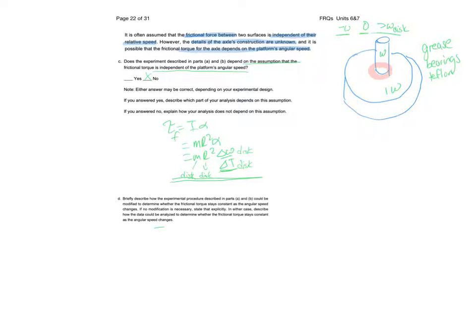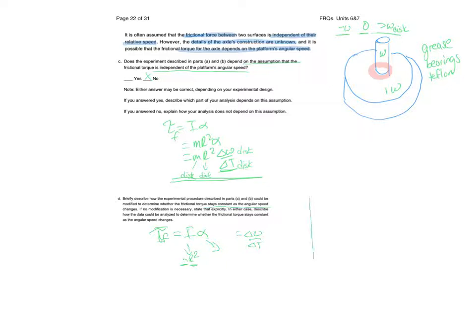Well, if we have a constant frictional torque, and the moment of inertia, which is a function of m r squared, doesn't change because m and r don't change, then if the frictional torque were to change, that means the alpha must change. And the alpha is delta omega over delta t.